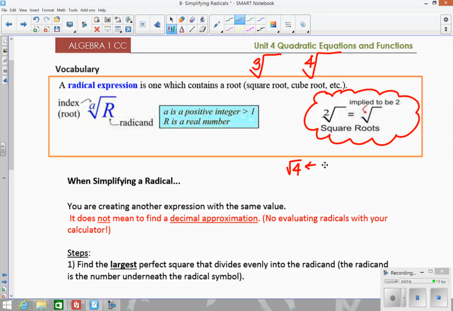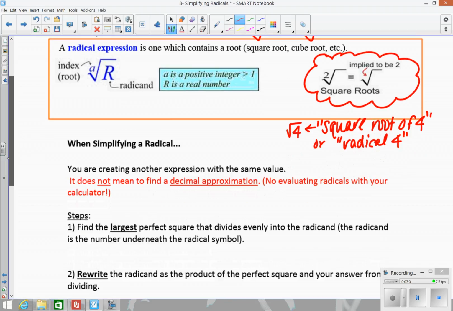You could read this as square root of 4 or radical 4. They mean the exact same thing. And again, notice that we dropped that little index of 2 just because the square root's the most common one. So if it doesn't have an index number out in front, then it's assumed to be the square root. So that's just some vocab.